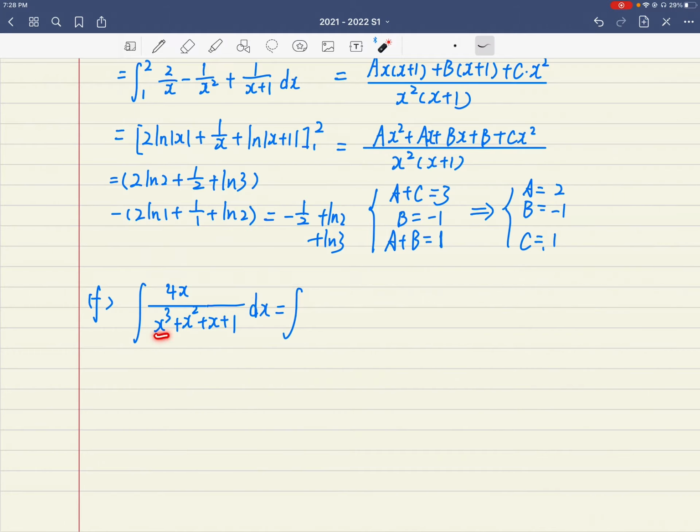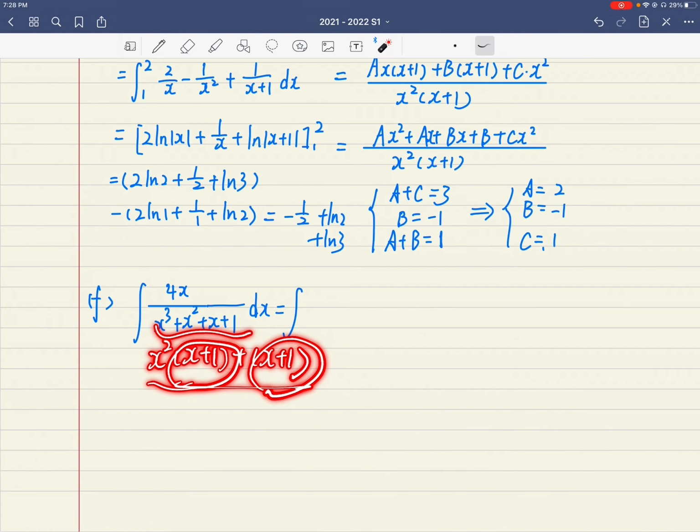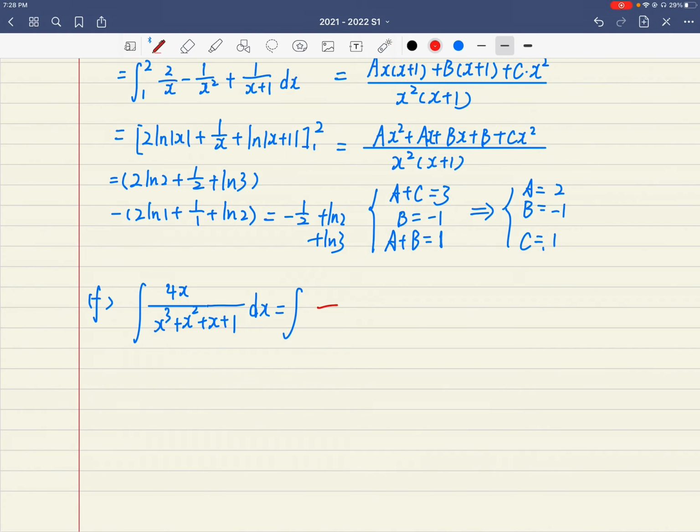So how do you factorize the bottom? You see that here, you have a common factor, x squared. So it's x squared times x plus 1 plus x plus 1. So you have a common factor, x plus 1. So that's why you can write it as x plus 1 times x squared plus 1.